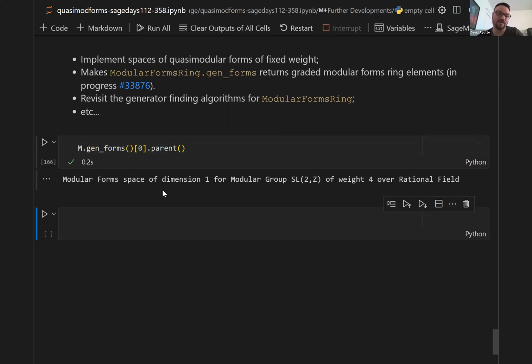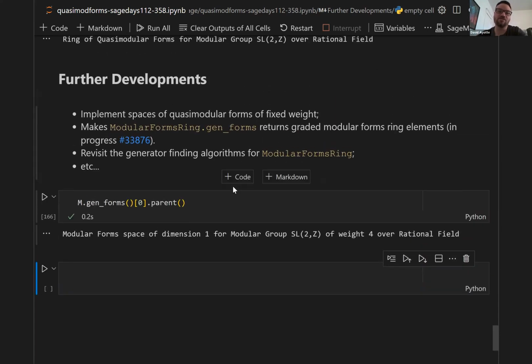They are modular form space elements. I think it would be better if they were modular form ring elements, but I'm still thinking about this because there are some issues with the base ring.